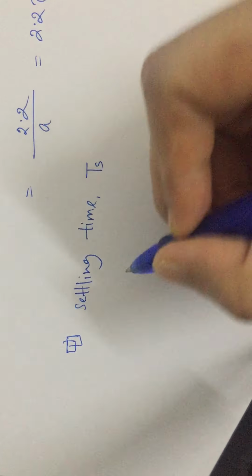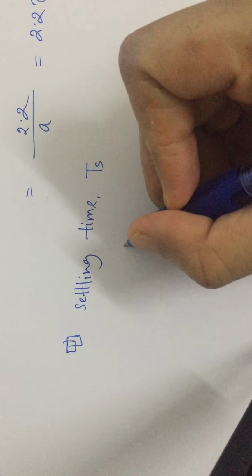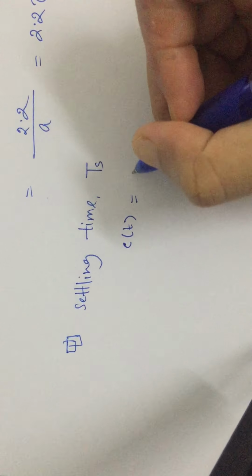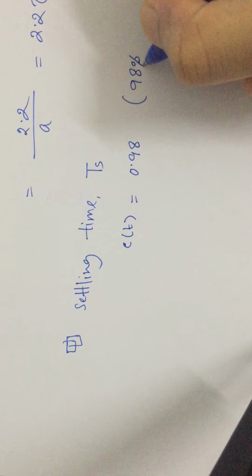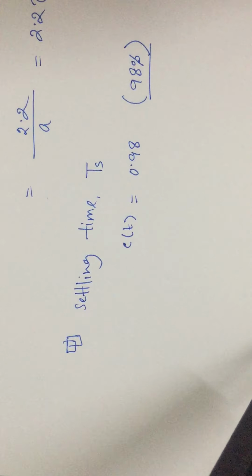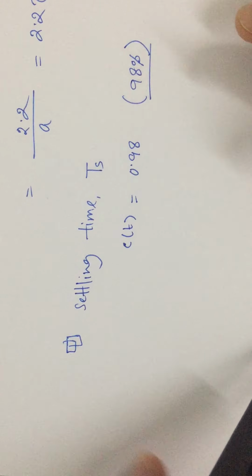So it means that C of t will be 0.98, that means 98%. The rise time we said 0.1 to 0.9, that means 10% to 90%. But here we have C of t equals 0.98 for the settling time.